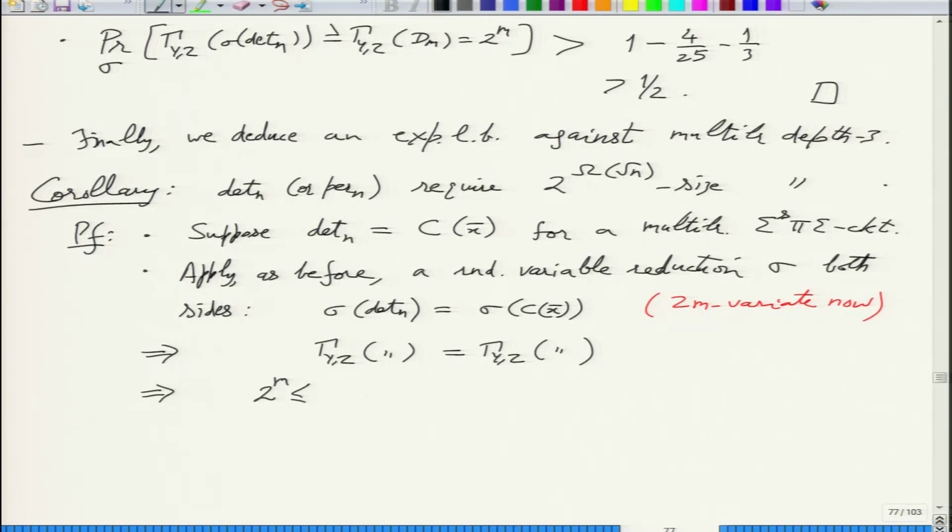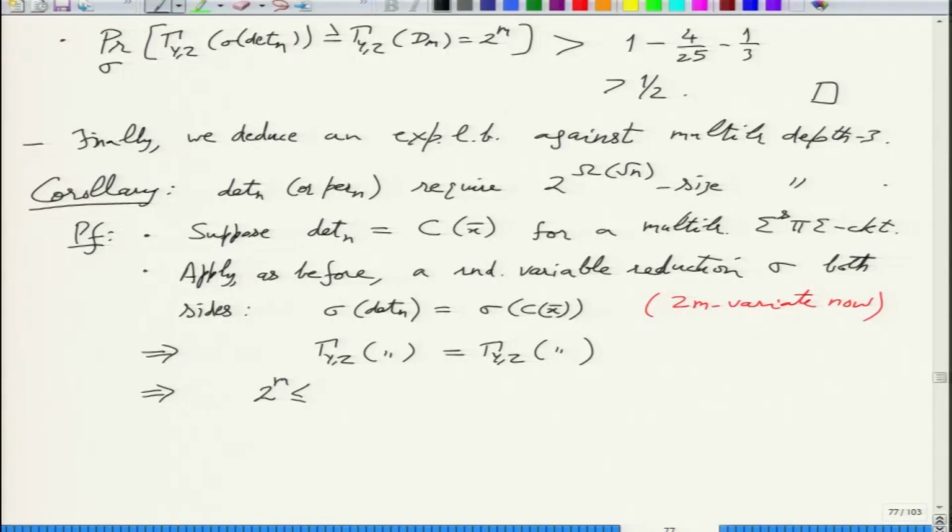On the other hand, gamma of sigma of C. Note that sigma of C is still sigma pi sigma, so multilinear depth 3. This is quite important, that the structure has not changed by sigma, because sigma is either fixing the variables or keeping them free. This can only reduce the product fan-in, it cannot increase it, and it will not change the sigma pi sigma structure.